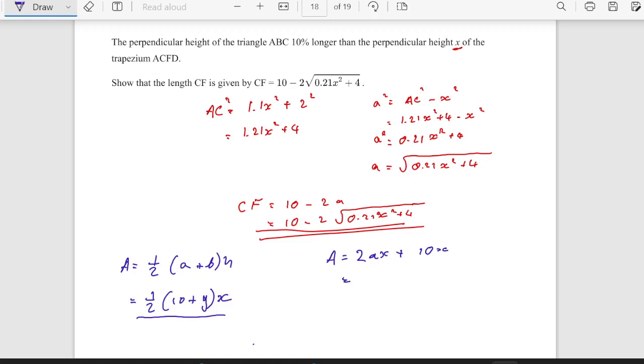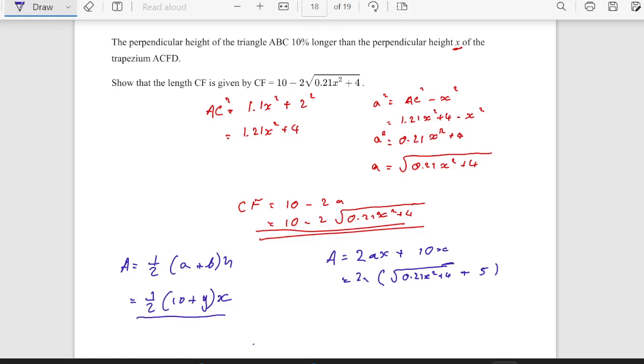If you take x out as a common factor here, actually we can take 2 out, so 2x times by a, which we said was the square root of 0.21 x squared plus 4, plus 5.